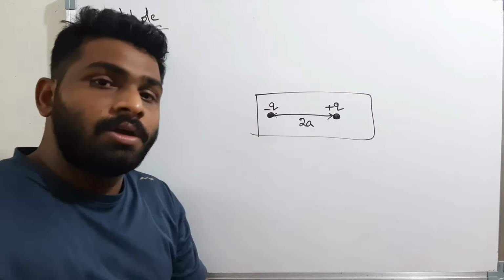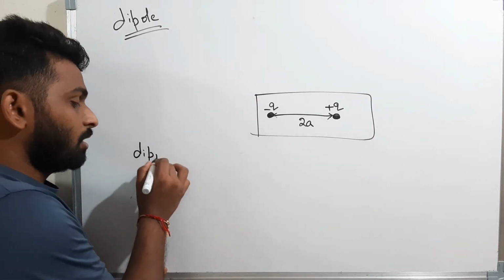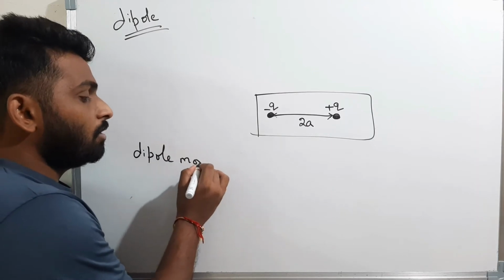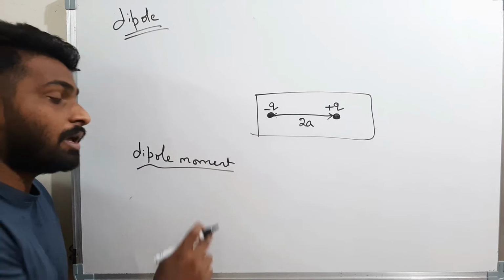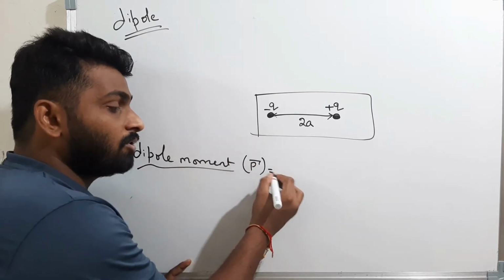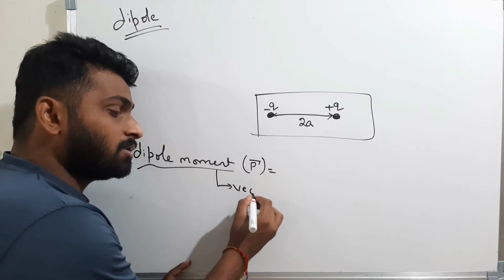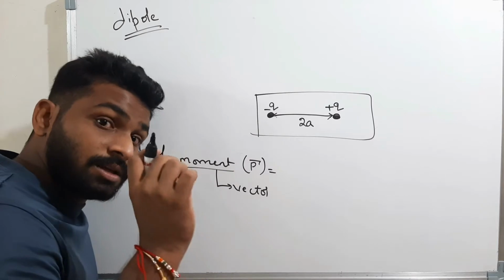Okay, well and good. I understood what is a dipole. Now what is dipole moment? I usually represent this dipole moment with a letter p bar. Now it is a vector quantity. What is a vector quantity? Already we know, which will depend on the magnitude as well as the direction.